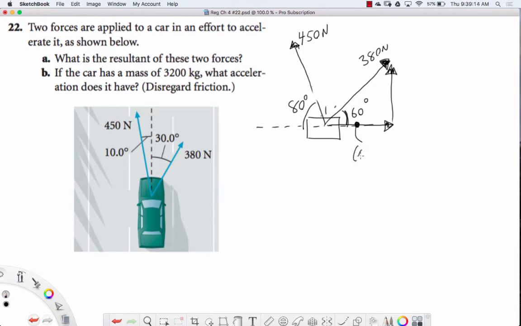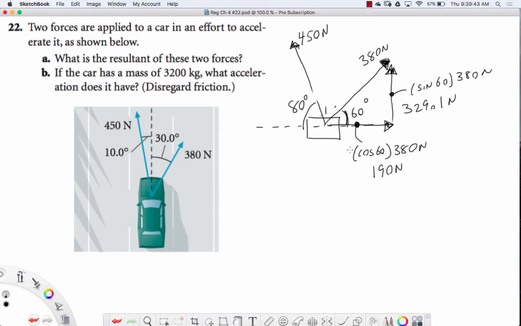This is going to be cosine 60 times 380. And then what's this guy going to be? Sine 60 times 380. All right? So when you punch this in, you're going to get this guy right here should be 329.1 newtons. And then the x component should be 190 newtons.